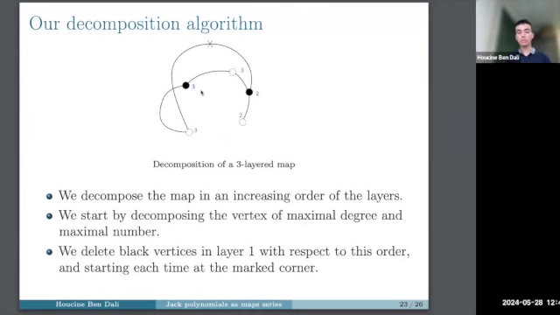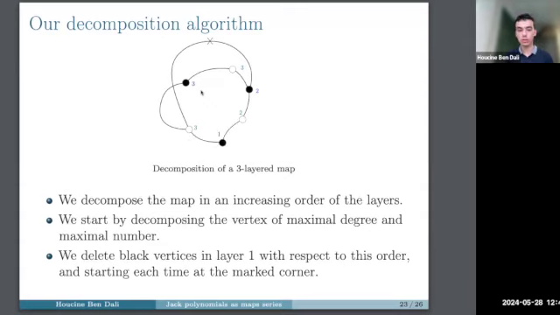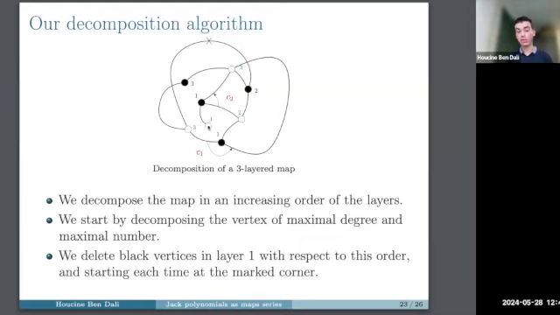And the idea is that by the end of the operation, we don't have black vertices in layer 1, but we also don't have white vertices in layer 1. So if you remember, we had one white vertex labeled by 1, but this vertex is necessarily connected only to black vertices in layer 1, because by definition, white vertices are in the maximal index layer of all the black neighbors.